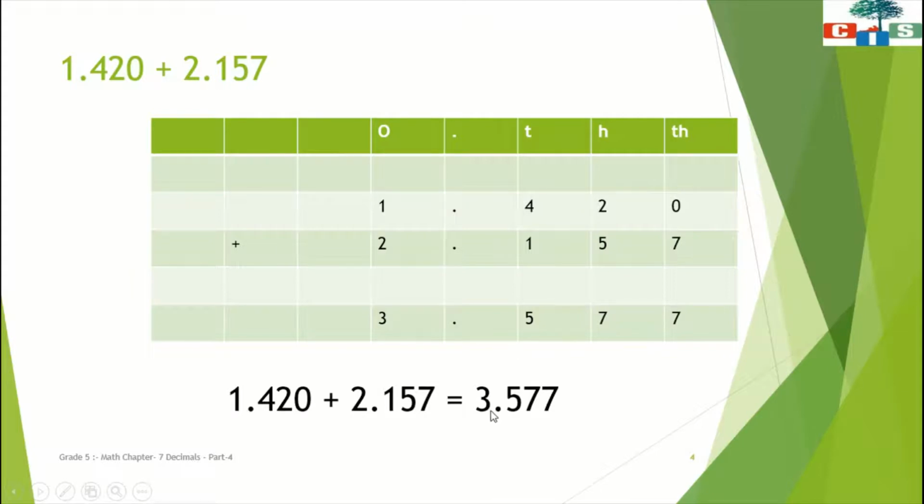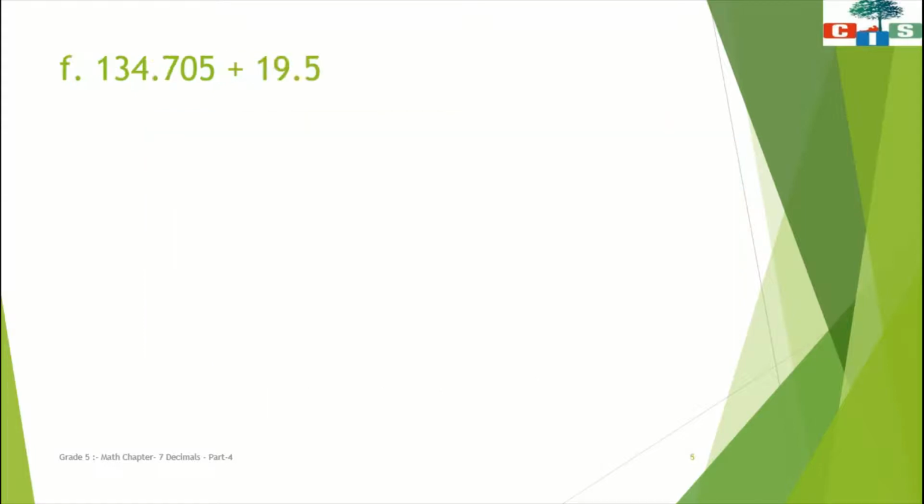Is it easy? Yes. Now we will see one more sum, and the rest of the sums you will do by yourself. Now scholars, we will see sum number F of exercise 7.3, which is 134.705 plus 19.5. We have to add these two decimal numbers. Before adding, we have to convert these decimal numbers to like decimals.